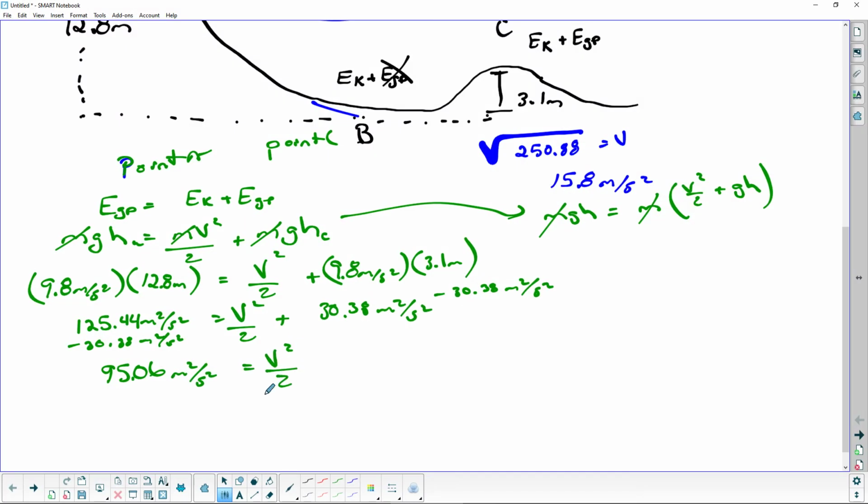Now we're going to get our velocity by multiplying by 2 on both sides. So do that, get 190.12 equals v squared. Okay, we're going to square root that now.